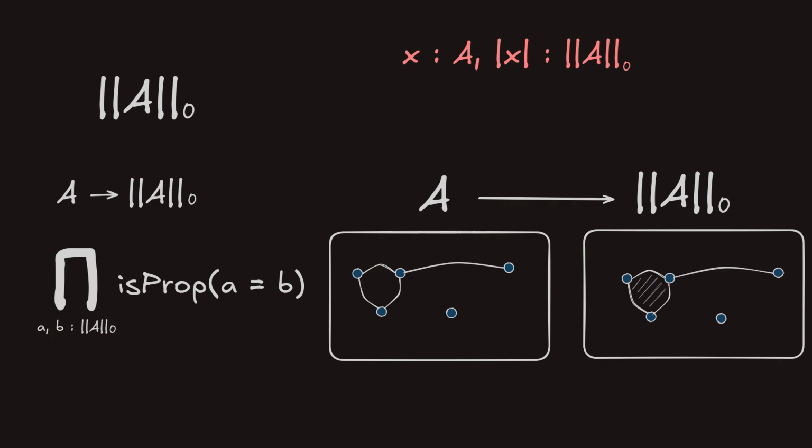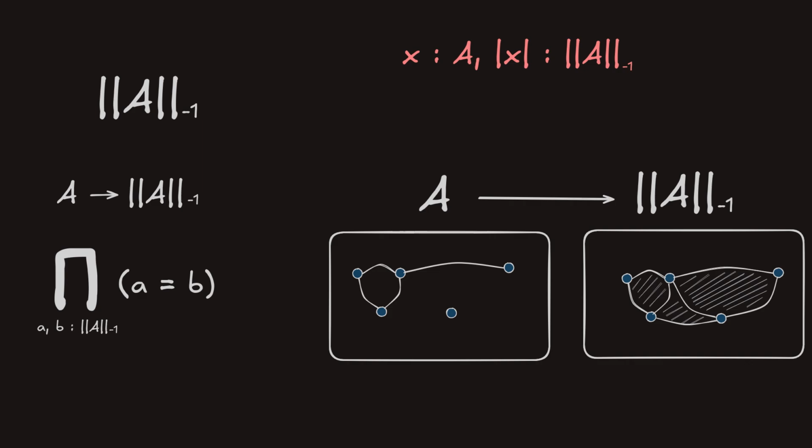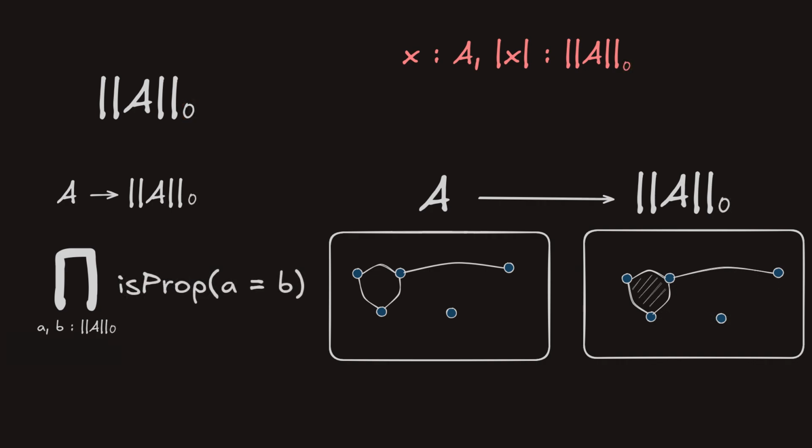Note that for a set truncation, we use the subscript 0, and for a propositional truncation, we use the subscript -1. Using this notion of a set truncation, we can now construct a group.